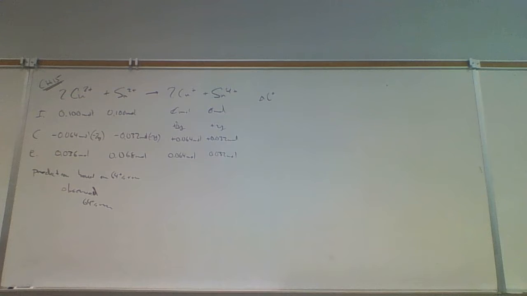Remember, there's no real pattern here. Q is taking your initial concentrations and plugging them in, and it can be anything. It could be infinity, 0, 1, etc. But K, your final ratio, has to be this constant, which we call the equilibrium constant.